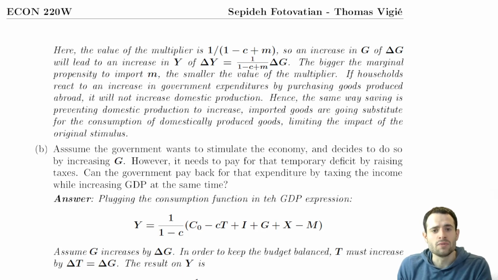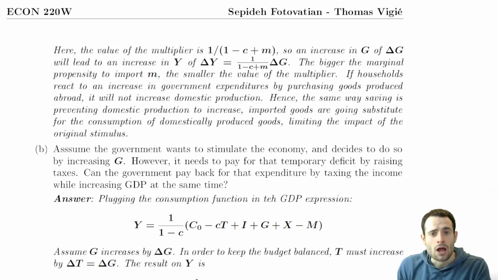If the government gives me $10 today and I decide to spend these $10 buying something produced somewhere else from Amazon, then Canadians' GDP will not change at all. Unless the increase in government expenditure is going to affect consumption of domestically produced goods, there will be no impact on GDP.